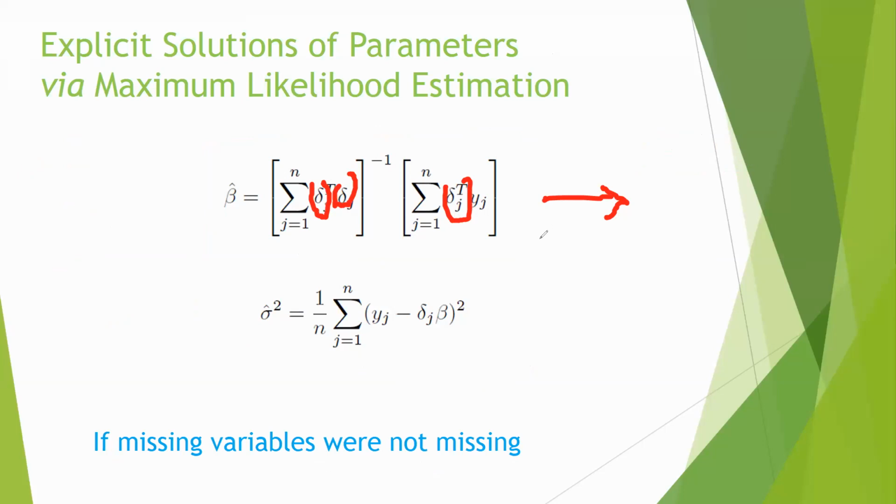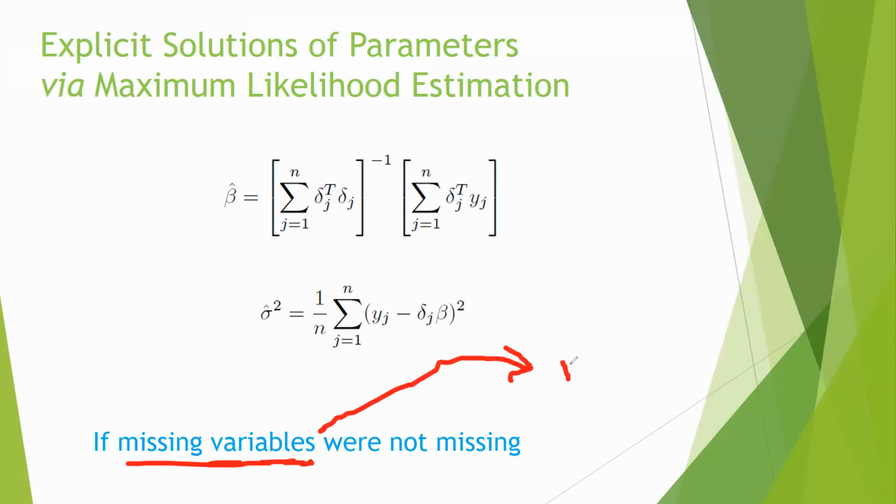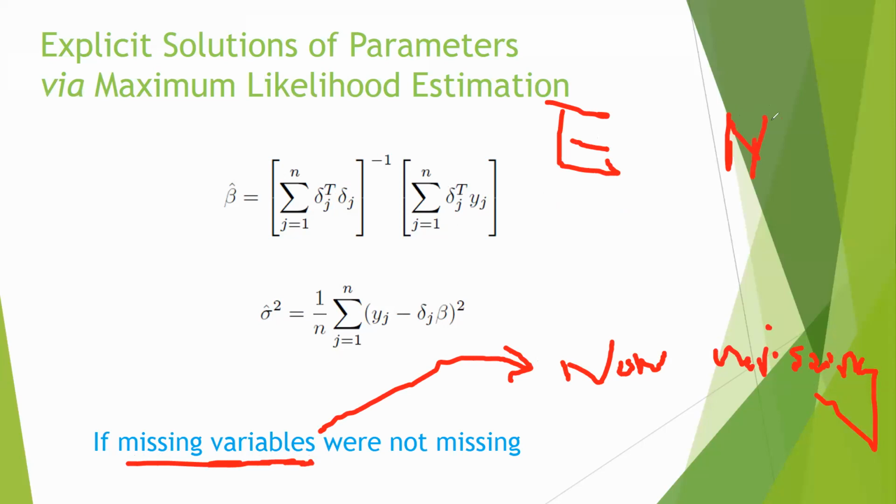So this is very complicated. That's why we want to translate this missing data problem into a non-missing problem. How do we do that? We can achieve this by using the EM algorithm.